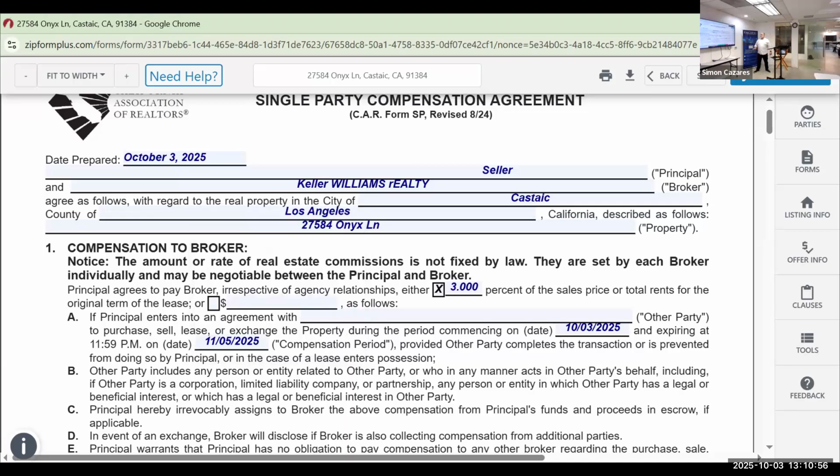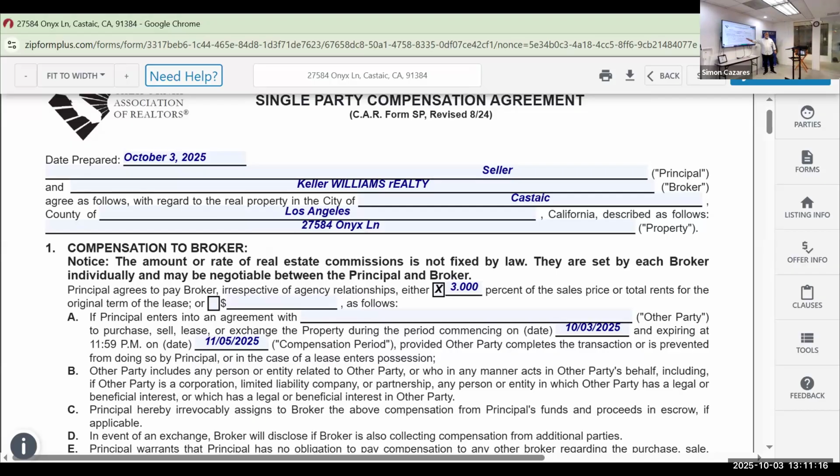Okay. So what this means is if you, the buyer and the seller, can come to an agreement and the offer gets accepted, then you are, based on this information so far, allowed to get paid compensation of 3%.